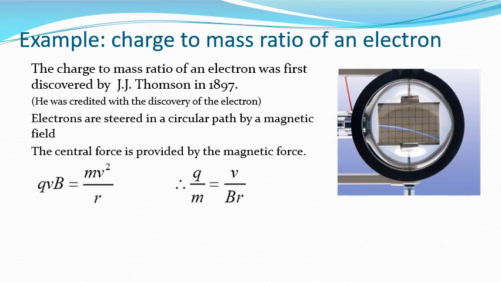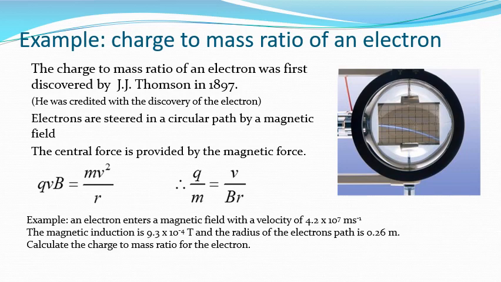He could measure the magnetic induction, what the magnetic field from the Helmholtz coils, the black part on the picture, was, and he could measure the speed of the electrons as they entered from the work done by the electric field that he knew the potential difference of. And this allowed him to solve the charge to mass ratio, and in combination with Millikan's experiment we were then able to work out the actual mass of the electron from there.